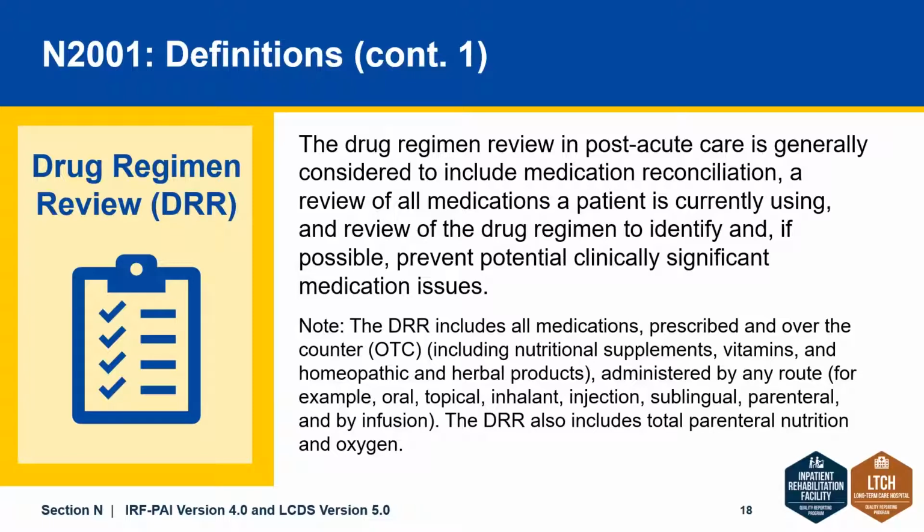The important note here is, unlike the new assessment item N0415, the DRR includes all medications prescribed and over the counter, including nutritional supplements, vitamins, and homeopathic and herbal products, administered by any route, for example, oral, topical, inhalant, injections, sublingual, parenteral, and by infusion. The DRR also includes total parenteral nutrition and oxygen.